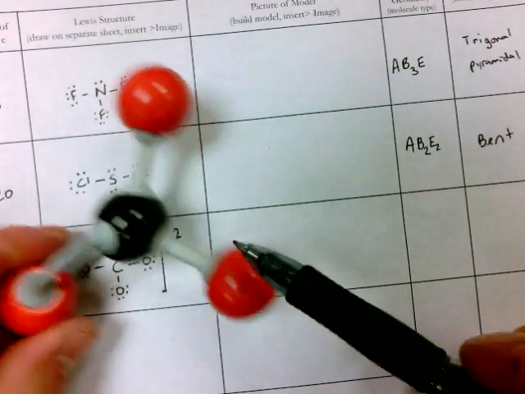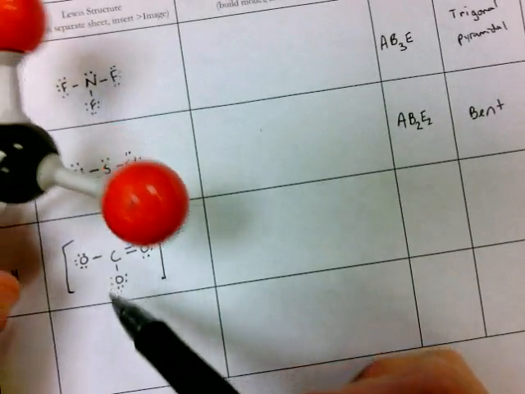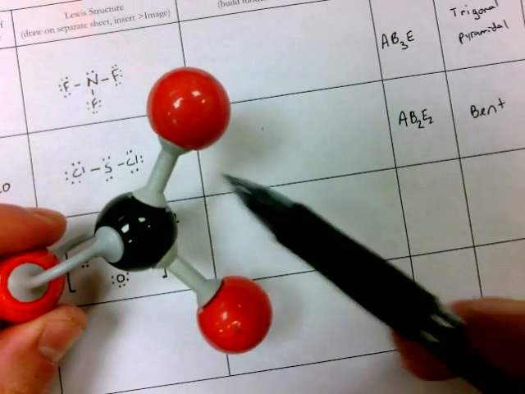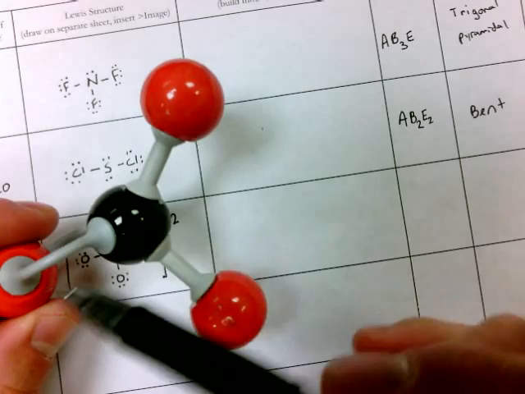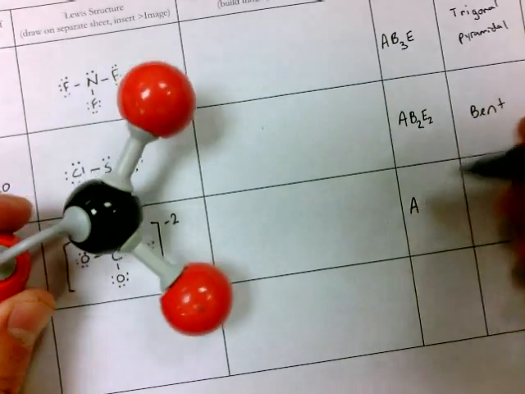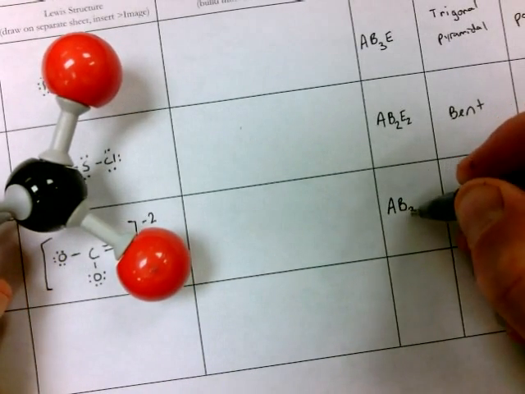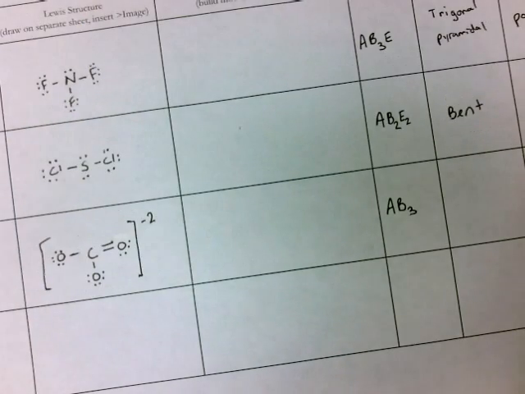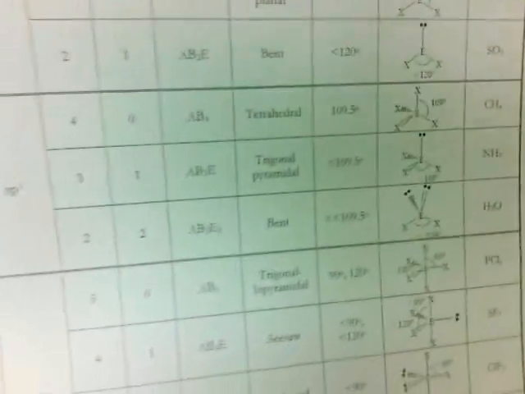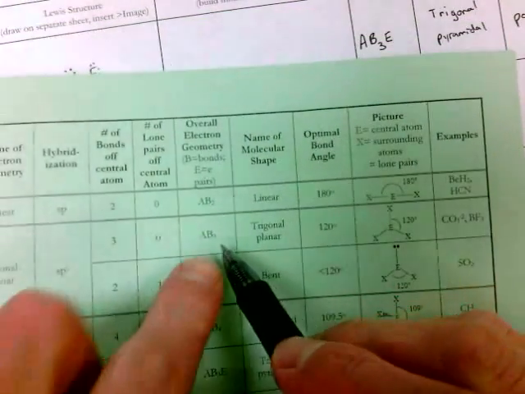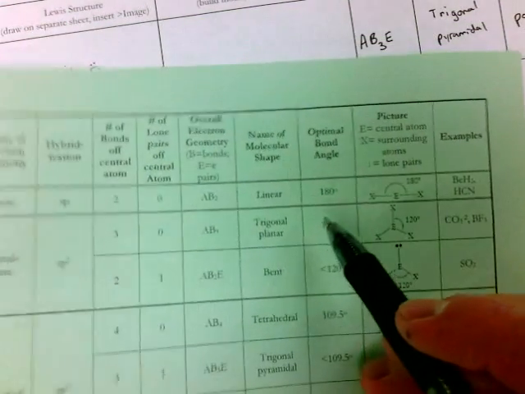Looking at this picture, or looking at the Lewis structure, we have one bond, two bonds, three bonds, a single, double. So we have a central atom, B, three bonds. If you look AB3 up on your resource, AB3 is right here, is called trigonal planar.